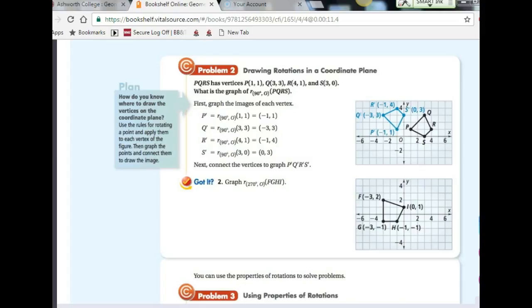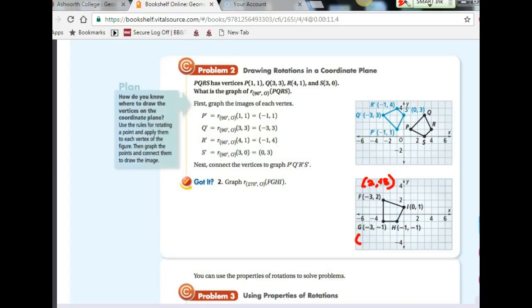The same could be said if you were going to rotate FGHI, which is this one right here. If you were to rotate that 270 degrees, remember you're going to take each point here and switch the x and the y, except this time you're going to make the y value opposite.